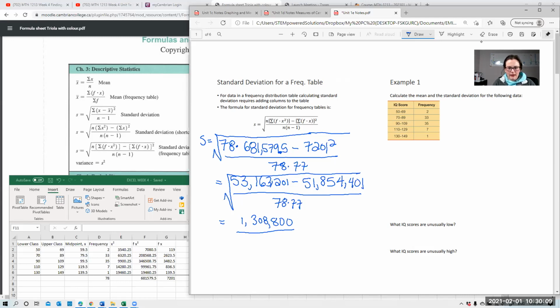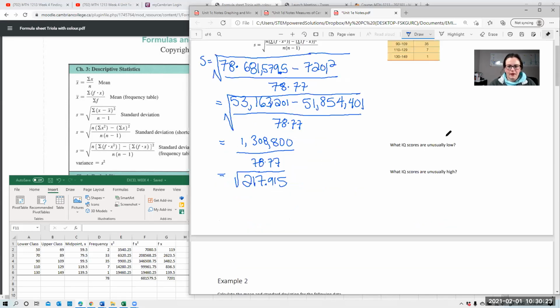So this equals the square root of 217.9. All right, so the square root of 217.9, so the standard deviation of this table equals 14.76.